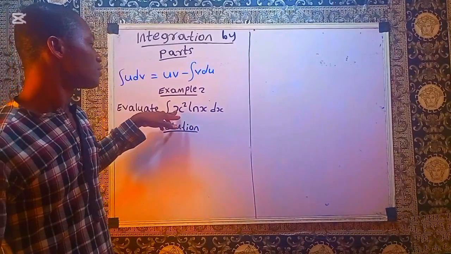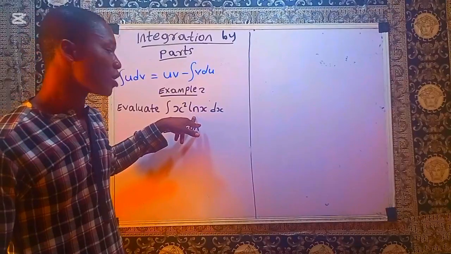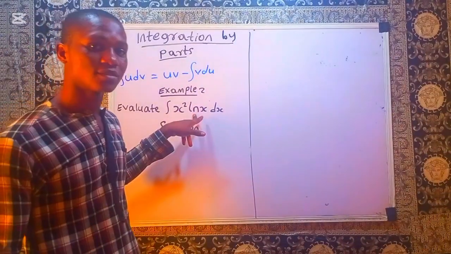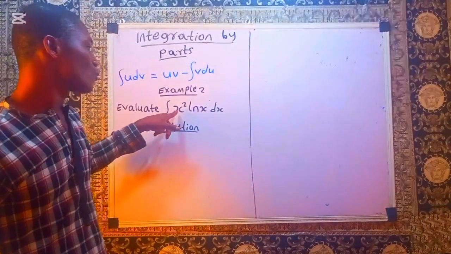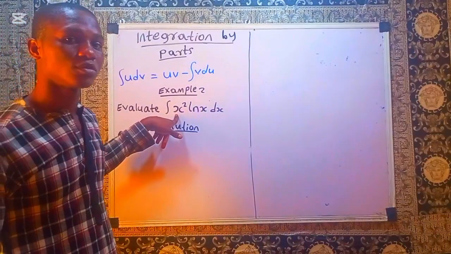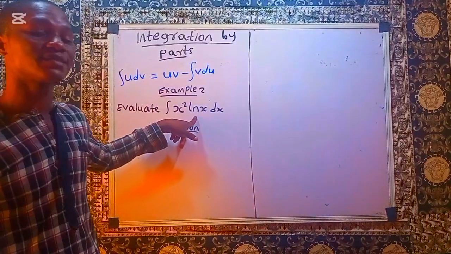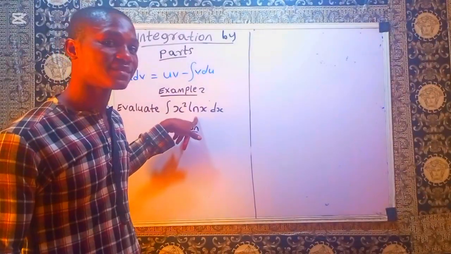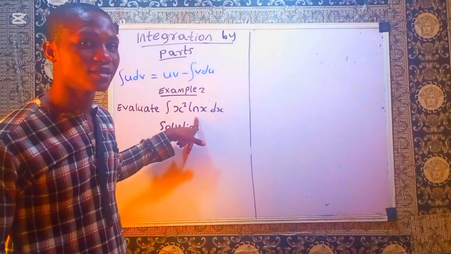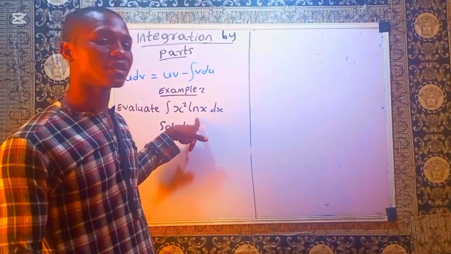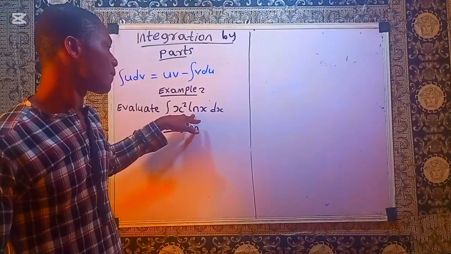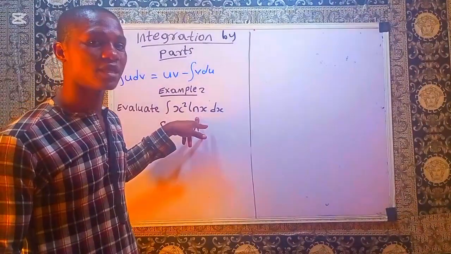Right? It can vanish after a certain number of derivatives. But because of the nature of this function here, ln x, we cannot call this one u. Because if you call this one u, you'll be calling ln x dv. And if you call ln x dv, you are going to integrate it, and it is not easy to integrate ln x.